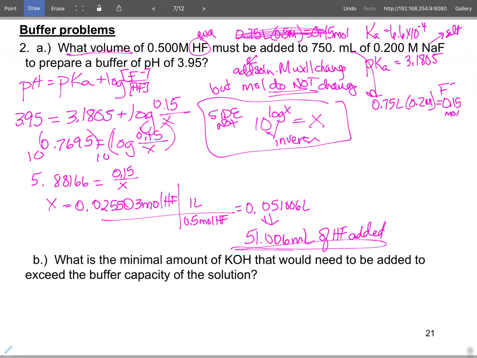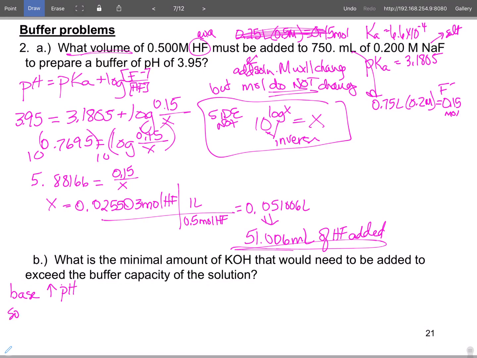Now, here comes B, which is the minimal amount of hydroxide which will be needed to add to exceed the buffer capacity of the solution. So there are two ways to do this. Technically, if you exceed 1 unit, so if we're adding a base, it's going to increase the pH.